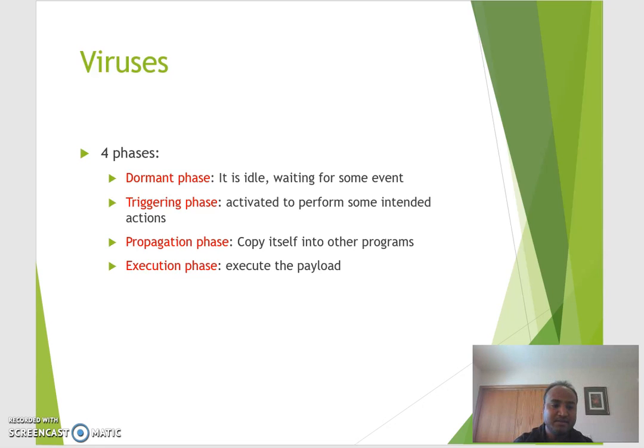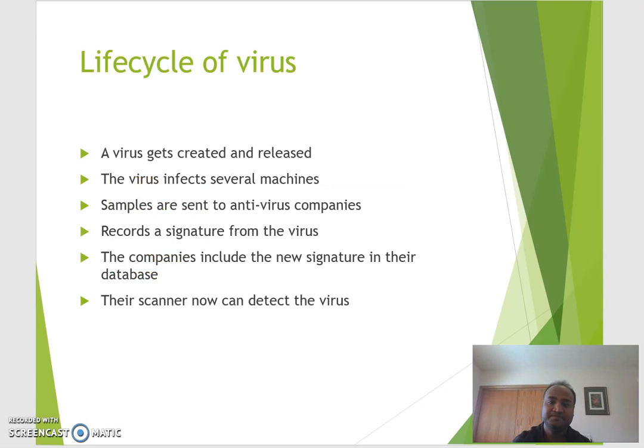So the next thing I want to talk about is the life cycle of a virus. A virus gets created and released. The virus infects several machines. Samples are sent to antivirus companies, who record a signature from the virus. The companies include the new signature in their database. Their scanner can now detect the virus.